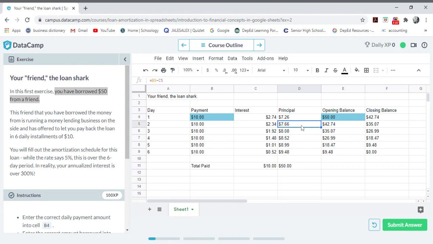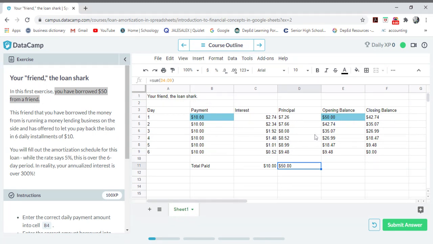For the second day, you have 7.66. Third day, $8.08. And so on, until you reach the amount of $50, which is what you had borrowed from your friend.